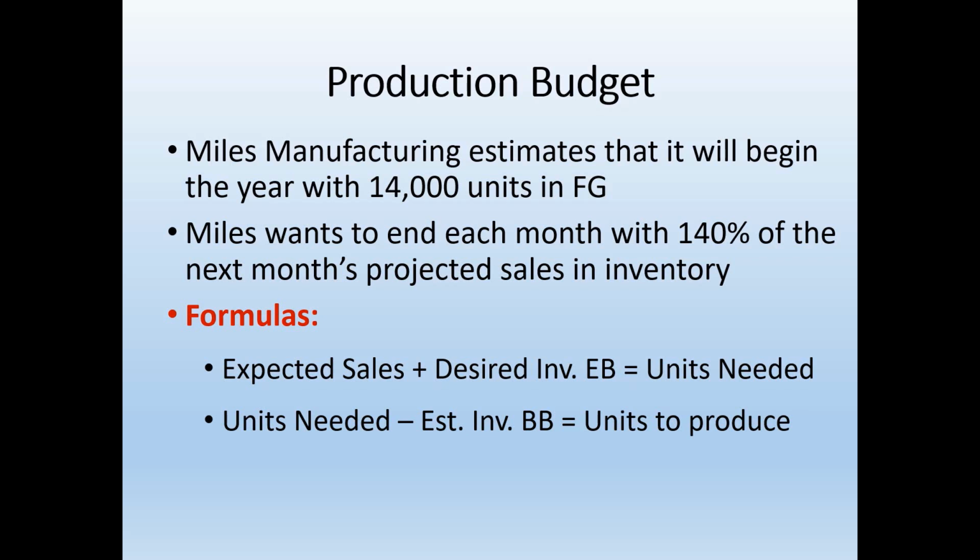Therefore, out of the total units needed, we can subtract out the units that we expect to have already available to us, and the difference will tell us the number of units that we need to produce in that month. Let's take a look at the production budget for Miles Manufacturing.